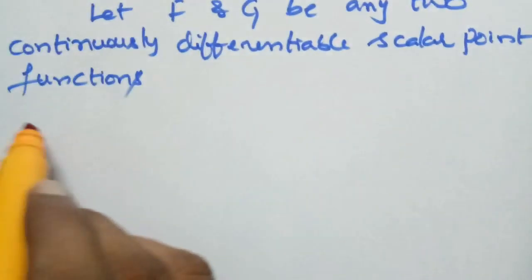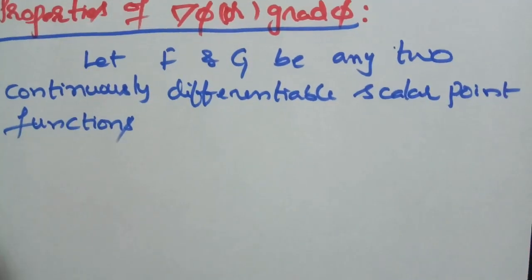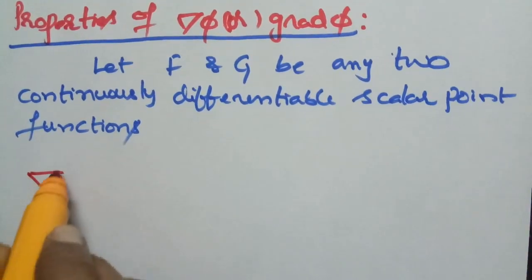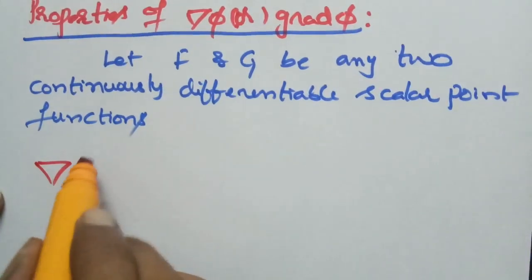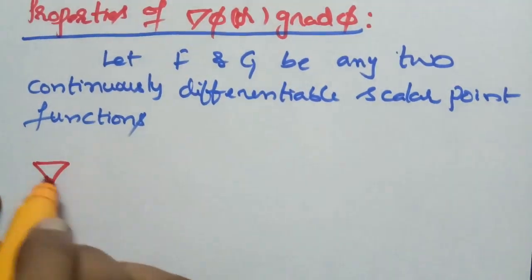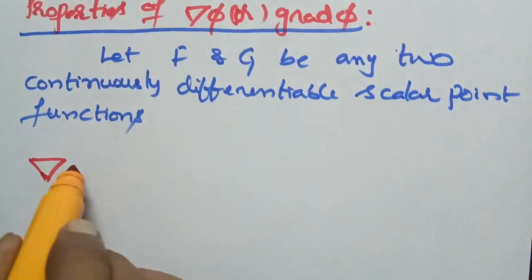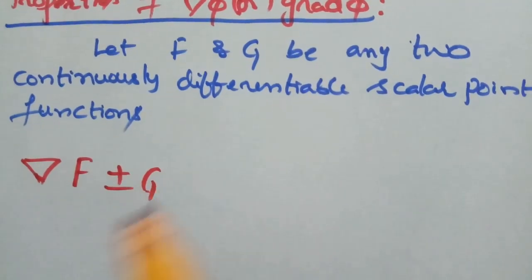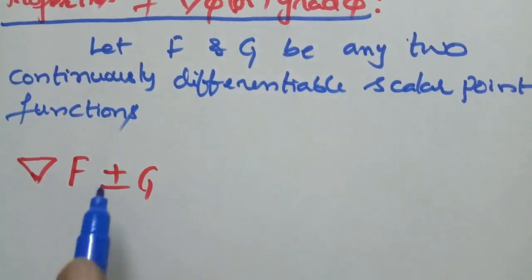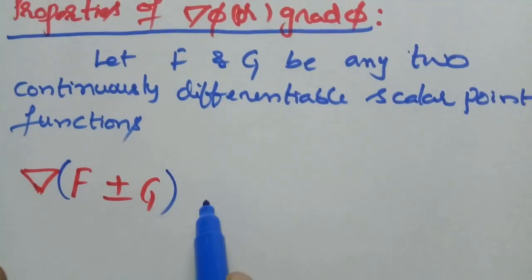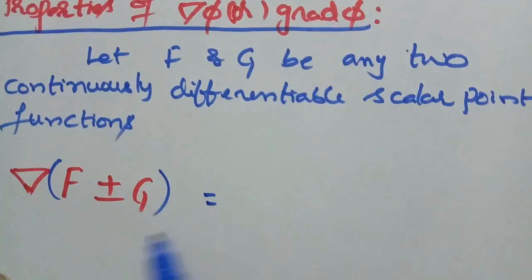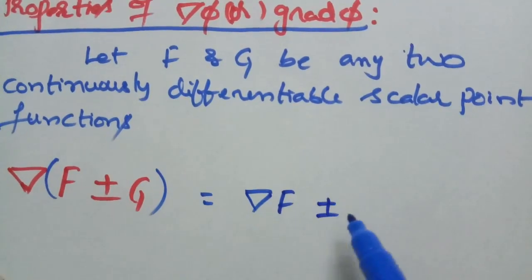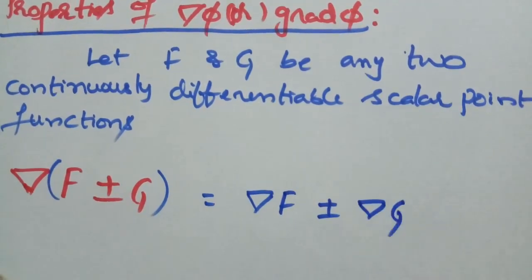as we know the formulas for derivatives, the same formulas also apply for del, since del is a differential operator. Partial differentiation in del we have to perform. Therefore del of f plus or minus g is equal to del f plus or minus del g.